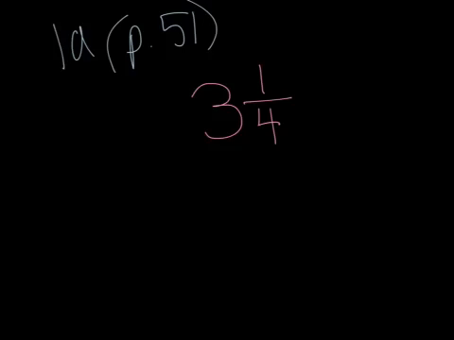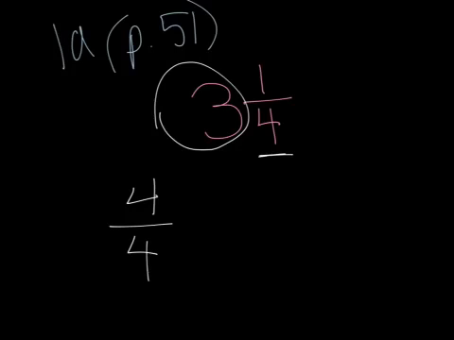In the previous lesson, we were converting improper fractions to mixed numbers. Now we are going to practice doing the opposite and convert mixed numbers into improper fractions. We'll start with number 1A on page 51 in your problem set book. We're looking at 3 and 1/4. So let's start by just looking at this whole number 3. If we are working with fourths in this problem, we would know that 1 whole would be 4/4.